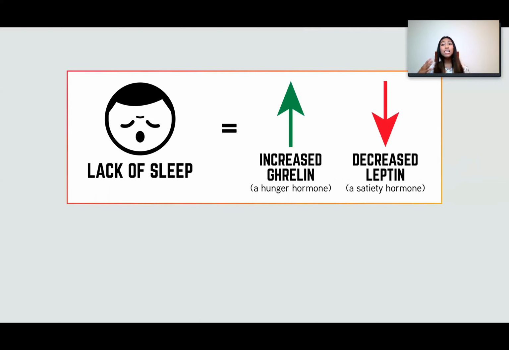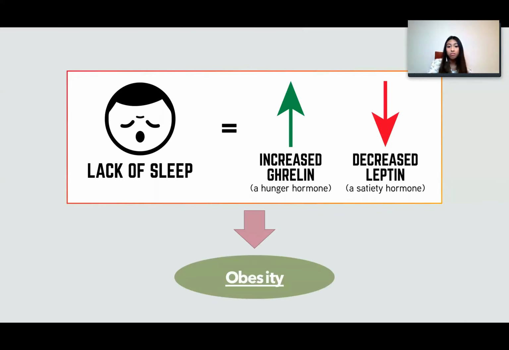But when there's lack of sleep, the amount of the hormone leptin produced significantly decreases, and the amount of the hormone ghrelin produced increases. Now, ghrelin is commonly called a hunger hormone, and it's not that great because it really increases feelings of appetite and hunger, which can then result in weight gain, and that results in obesity.